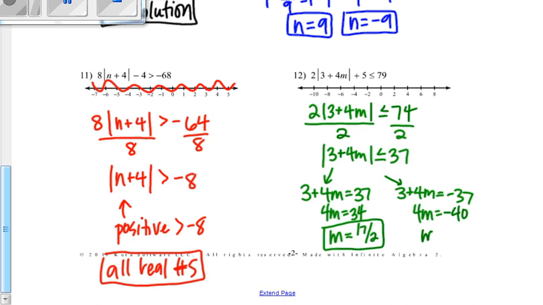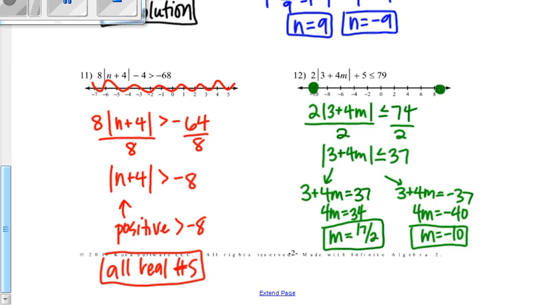Divide by 4, m equals negative 10. And remember, you can always check your answers by plugging it back in. On this one though, 17 divided by 2, if we want an actual value, that's 8.5. So I'm going to plot that with a closed point just like right there. I'm just going to do the best I can. And then we have negative 10.